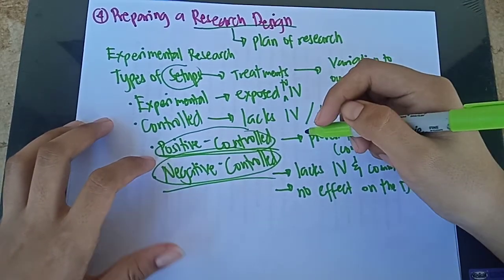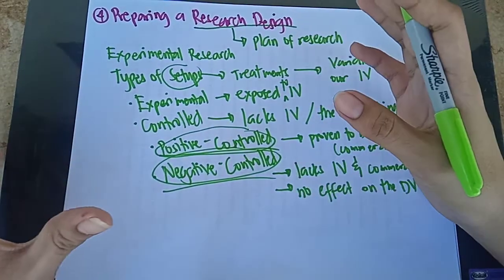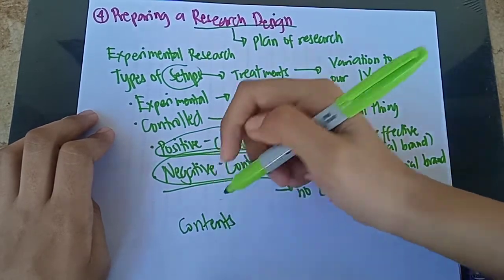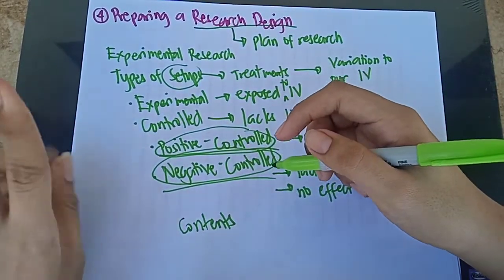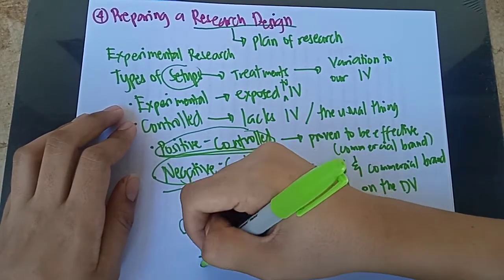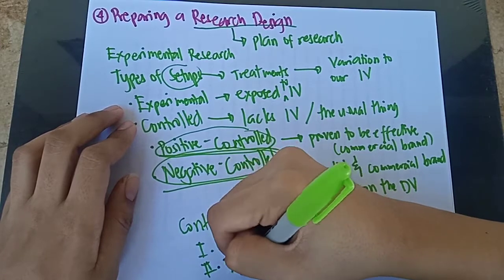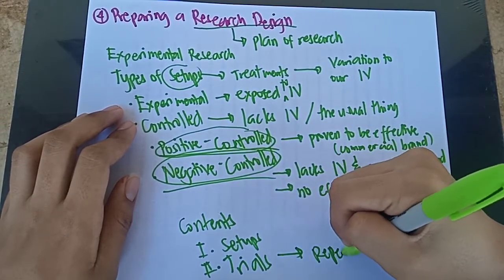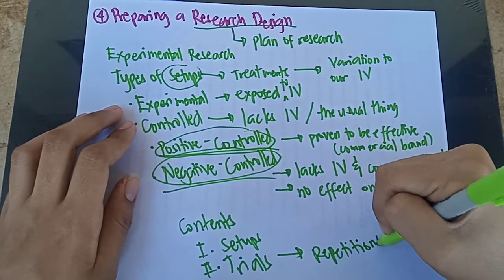Okay? So, what are the contents of the research design? We have two. We have setups and we have trials. Whenever we say trials, these are the repetitions. Repetitions of what?